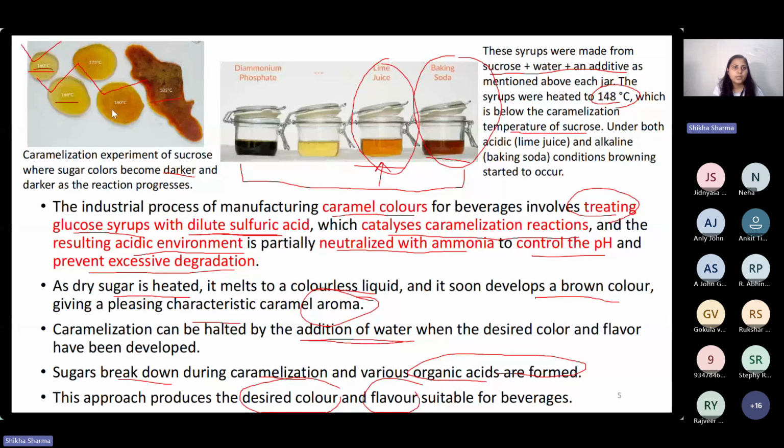So at low temperature, this reaction will not take place. Also, we need to control the pH in the caramelization reaction. If we have a highly acidic environment, we neutralize it with ammonia so that the pH will be in control. Otherwise, the reaction may stop.